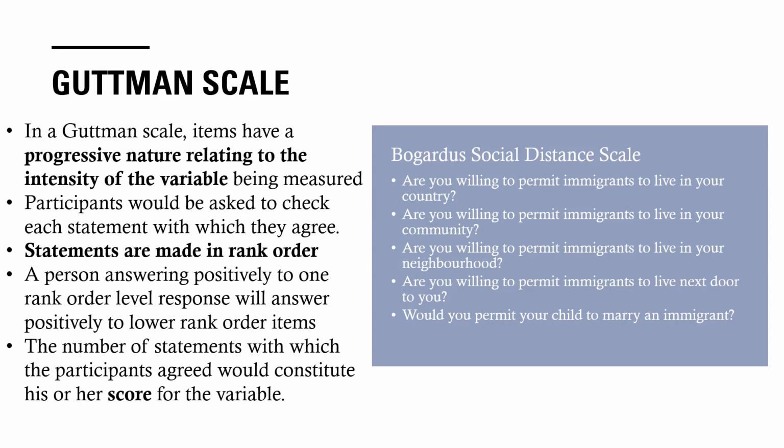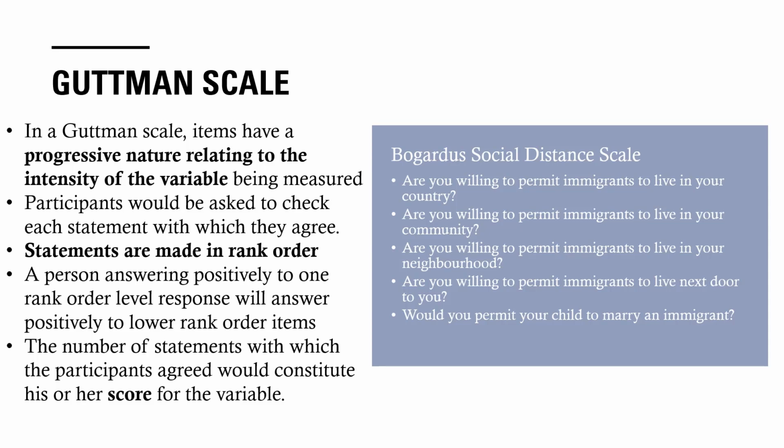So as you saw, each of these statements are made in rank order. A person answering positively to one rank order level will answer positively to lower rank order items. So we would say, if I'm willing to permit immigrants to live in my neighborhood, then it's safe to assume they would also live in my community or my country, or I'd be willing to allow that to happen. At some point, a person will probably reach a cutoff point.